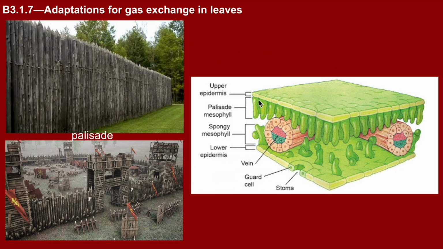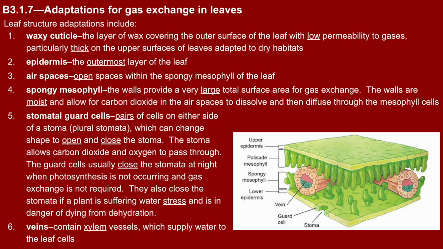Now remember, the top layer of palisade mesophyll is adapted for photosynthesis. It's got this column-like shape like a palisade, which allows for the maximum number of cells to receive light energy. But that spongy mesophyll lower layer is going to have that large surface area. It's going to be moist. It's going to be available for gas exchange.